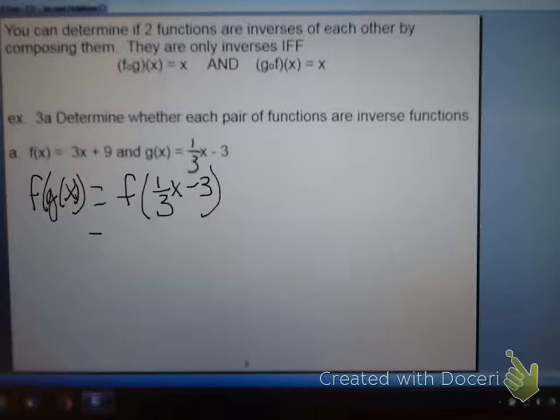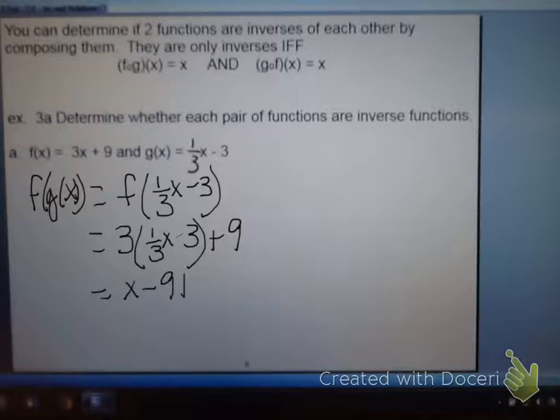Then into the f function, wherever I see x, I'm going to plug in 1/3 x minus 3. I'm going to do the distributive property. 3 times 1/3 x is x. 3 times -3 is -9 plus 9, and I get x.